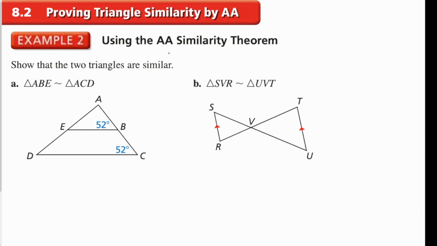So here's example 2, using the AA Similarity Theorem, show that the two triangles are similar. So notice the first triangle is triangle ABE. And then the second triangle is triangle ACD.